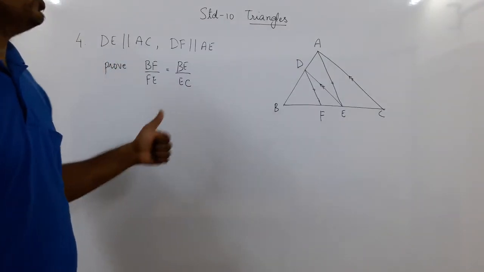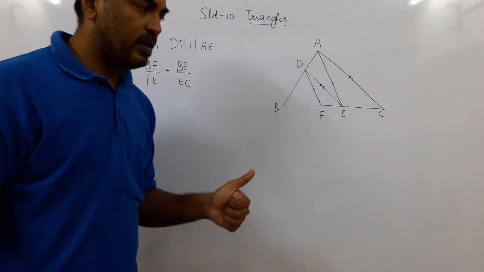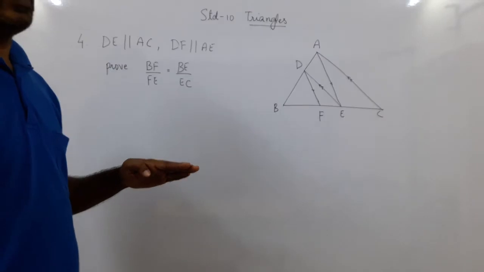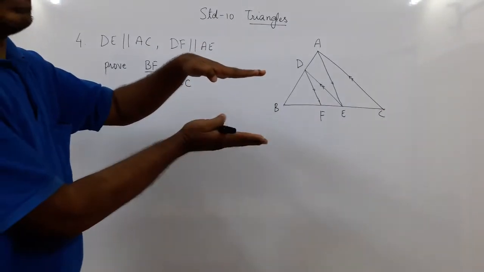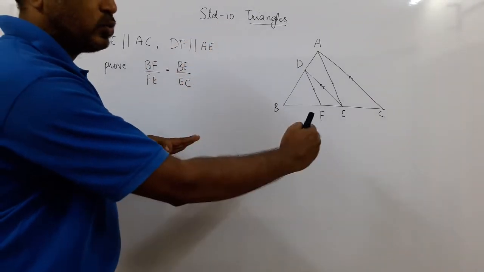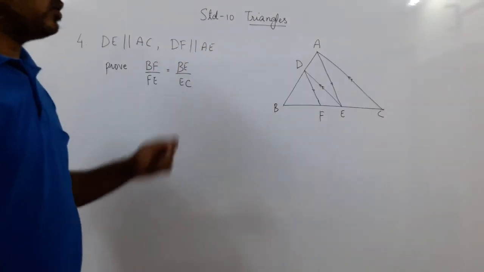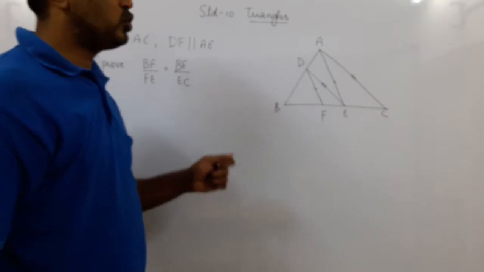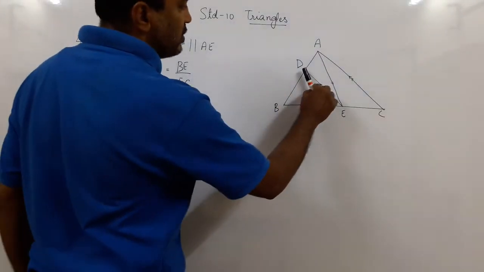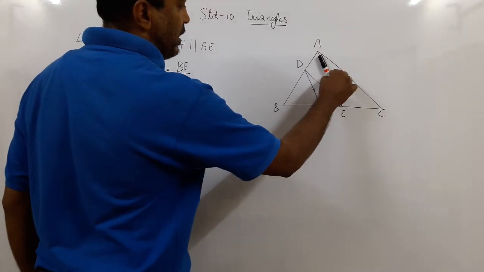So we are going to choose the basic proportionality theorem. What was the basic proportionality theorem? In a triangle, a line parallel to one side cuts the other two sides in equal ratios. So here we first choose our triangle and see the parallel lines.